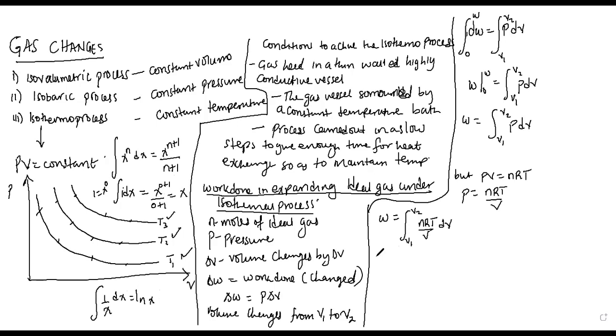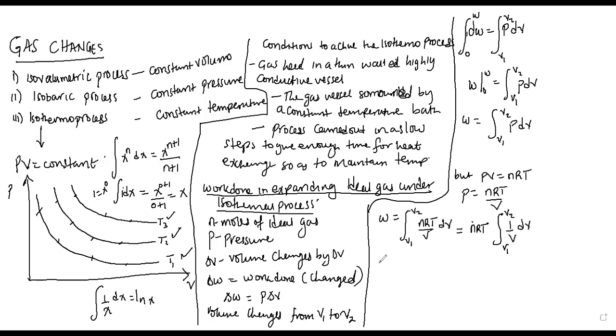So with that, when I factorize this out, I'll get nRT. Because temperature is constant, this is under isothermal. Temperature is constant, R is molar gas constant, n is number of moles. Then what will only vary is 1 over V with respect to V, varying from V1 to V2.